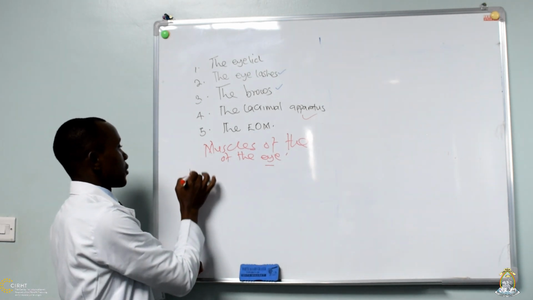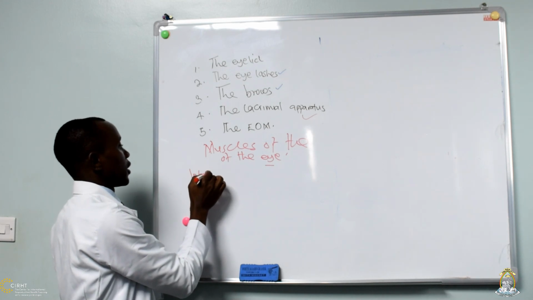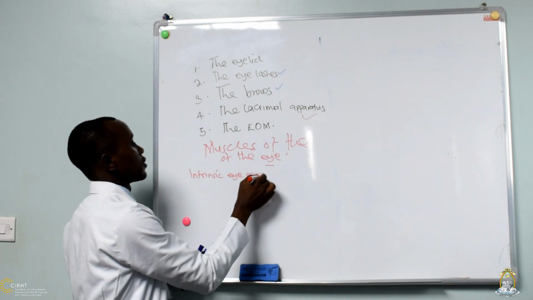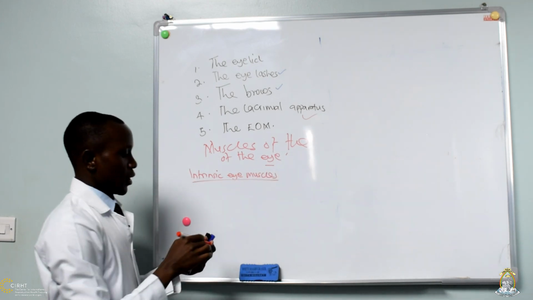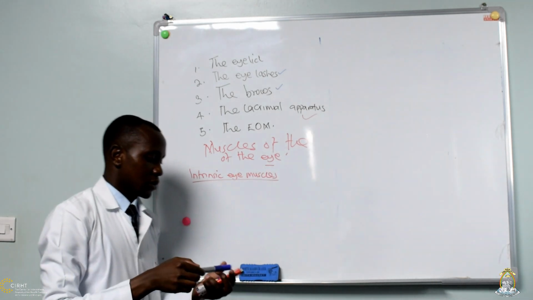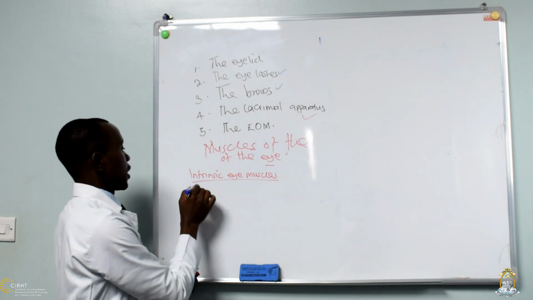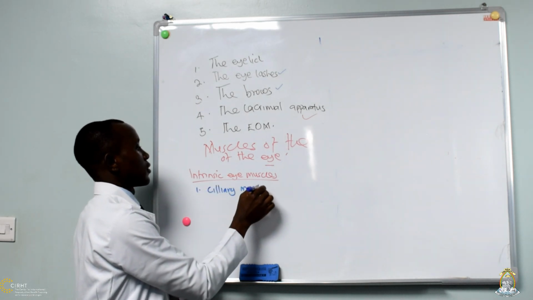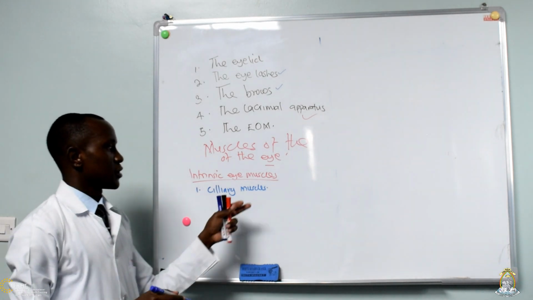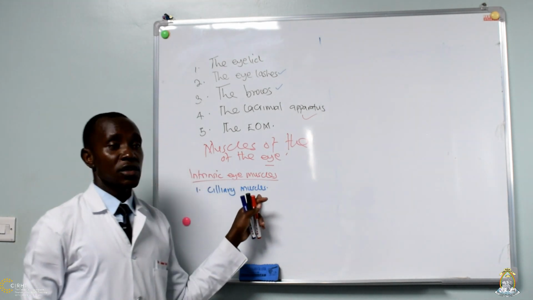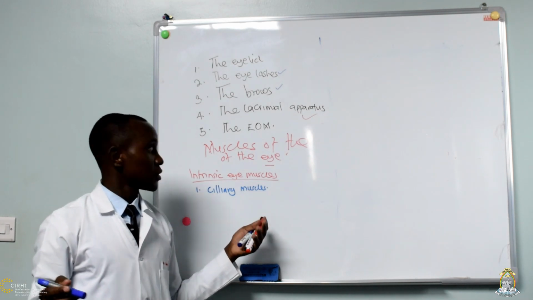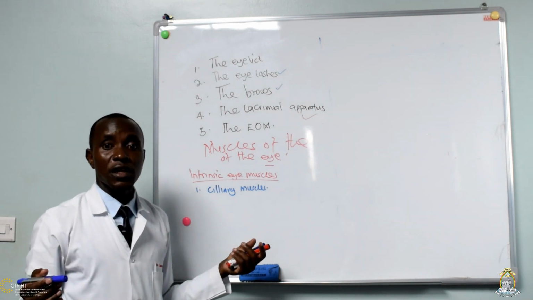The intrinsic eye muscles, we have three intrinsic eye muscles, okay? Number one, we have the ciliary muscles. These ciliary muscles are attached onto the surface of the ciliary body, and they function to regulate the shape of the lens.